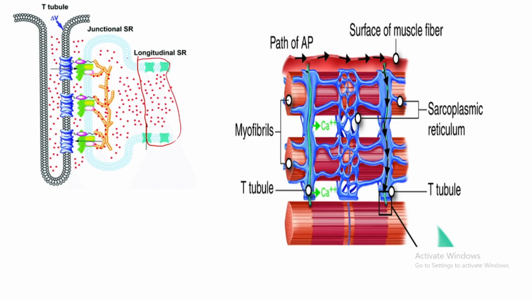This longitudinal component and this T tubule need to be connected together by this junctional smooth endoplasmic reticulum, or junctional complex. So the function of the junctional complex, or junctional component of the sarcoplasmic reticulum, is to connect the T tubule with the longitudinal component.